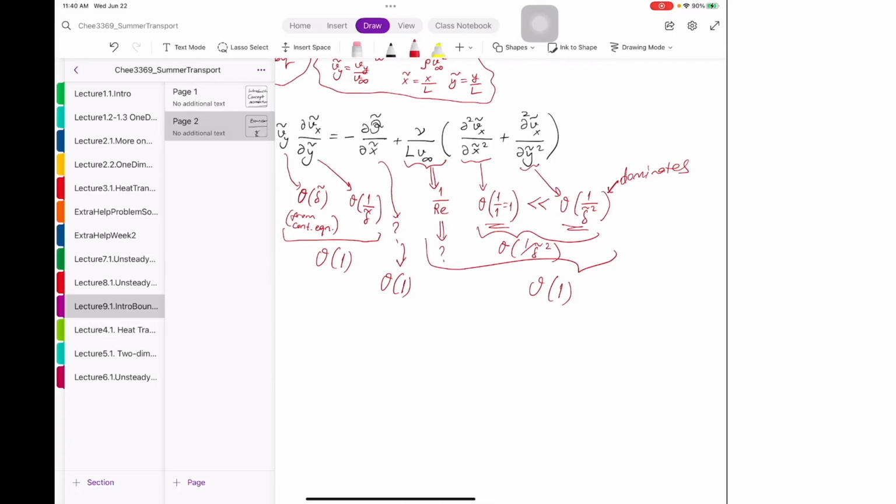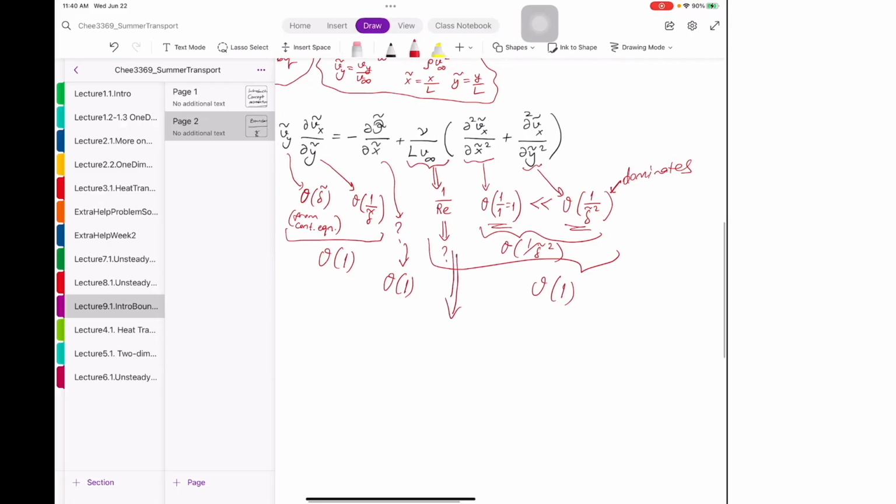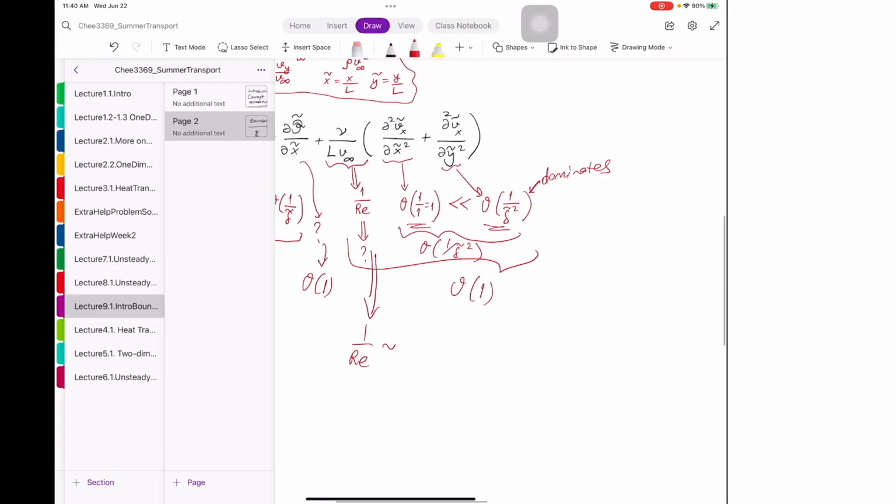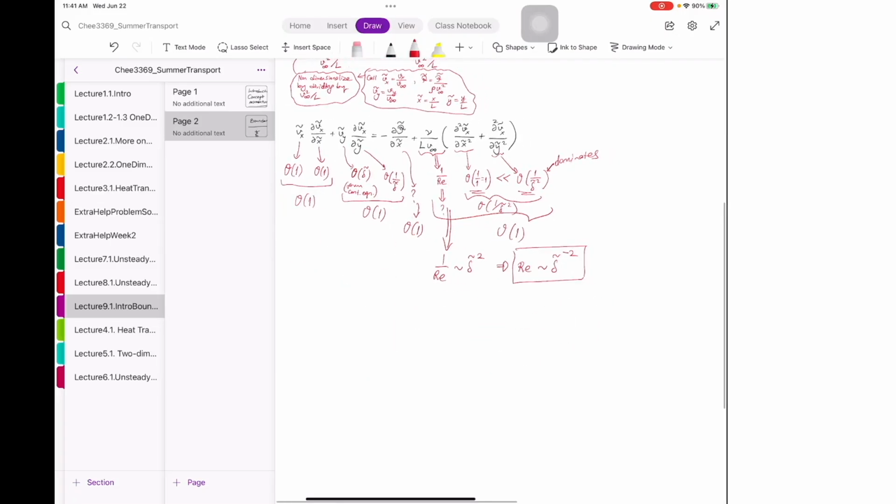So this 1 over Reynolds number must be in the order of delta tilde squared. Or in other words, Reynolds number must be in the order of delta tilde to the power -2. Okay, that's a very important finding.